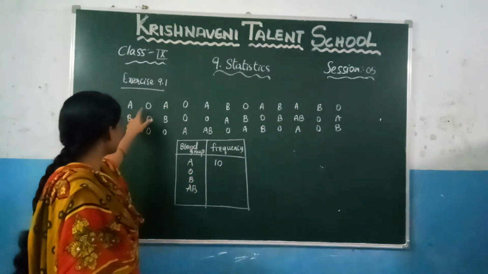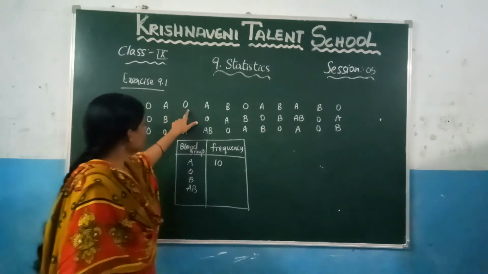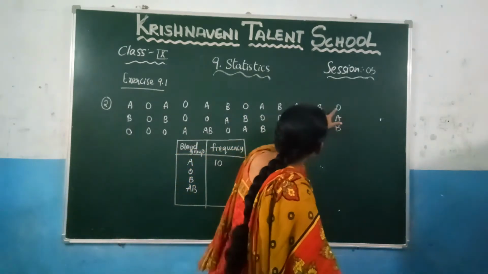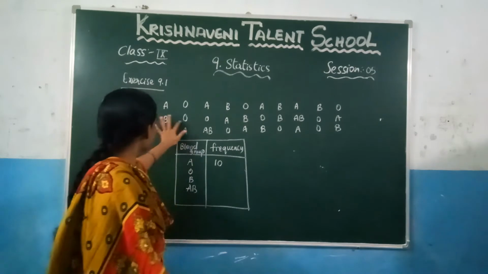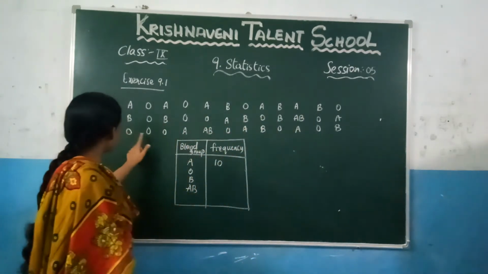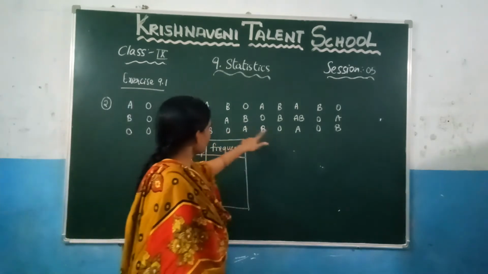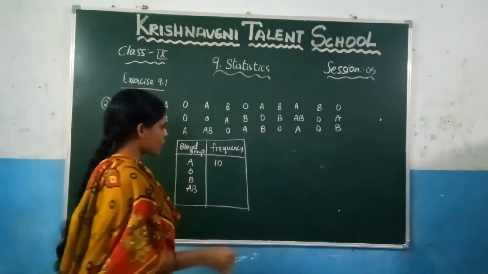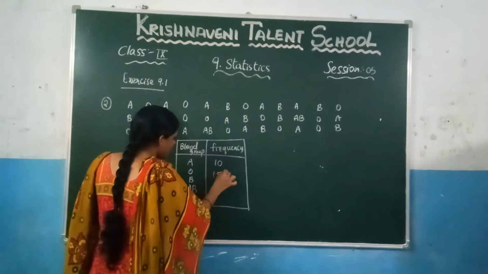Let us count it here. 1, 2, 3, 4, 5, 6, 7, 8, 9, 10, 11, 12, 13, 14, 15. 15 students are there who is having the blood group O.